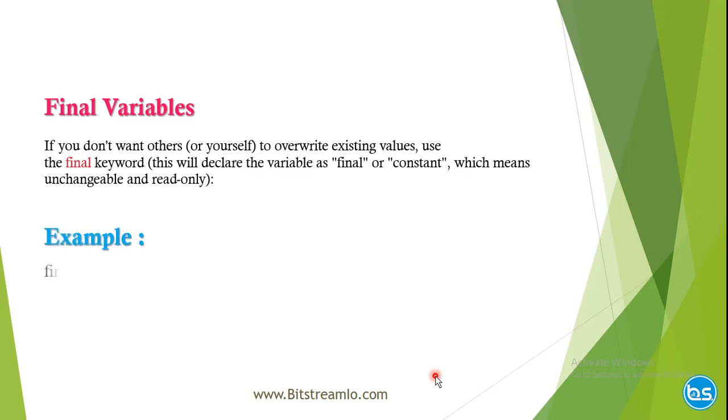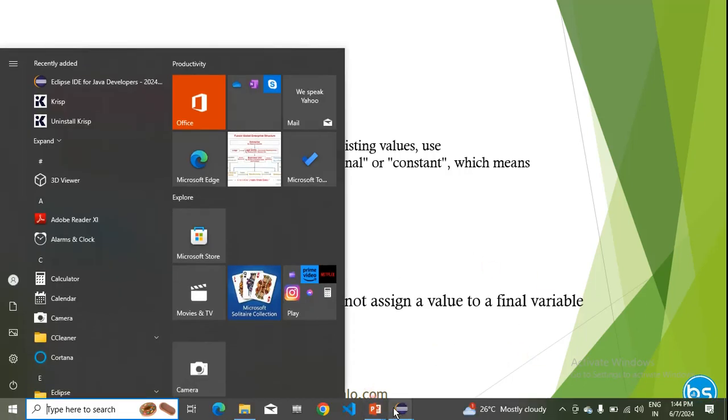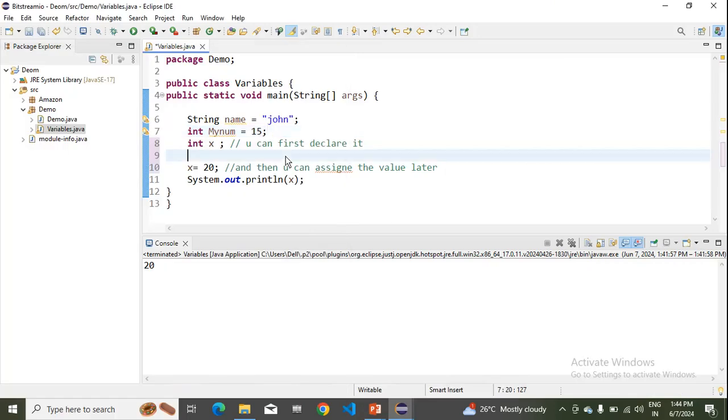I'll just give an example. Here, I have made the variable final using the final keyword. And if I reinitialize it, I will not be able to, I'll be getting an error. I'll also show that. I'll directly initialize this and make it final.